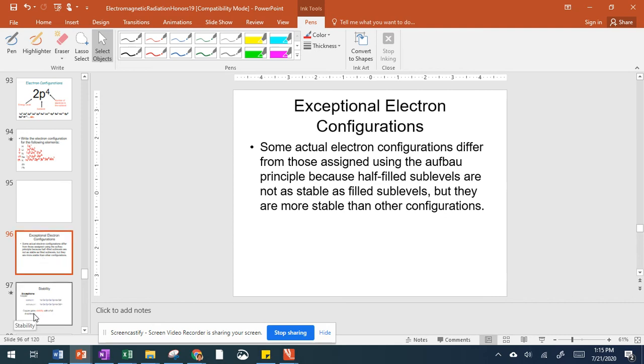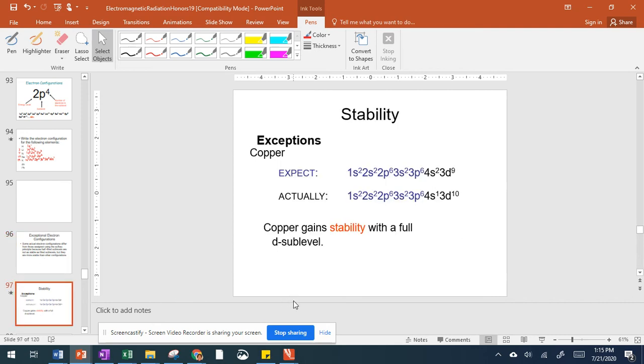So what we see here is, for example, for copper, what we would expect is that it would end in 4s2, 3d9. What actually happens, it ends in 4s1, 3d10. This is a filled D sublevel.